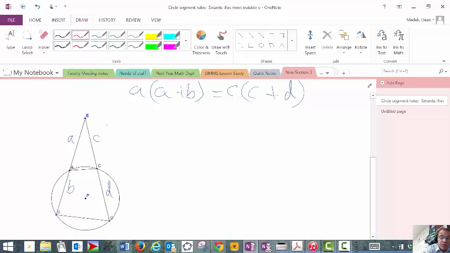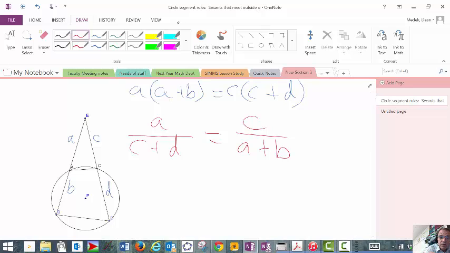So I'm going to compare the little triangle side A to the side that it corresponds to, which is this longer side over here, which is C plus D. And then on the other side of the small triangle, the side that's length C has to be in proportion to the side on this side, which is A plus B.